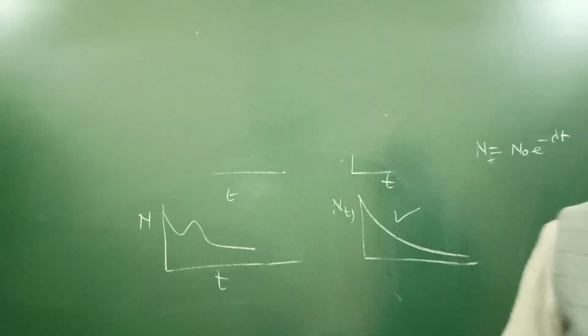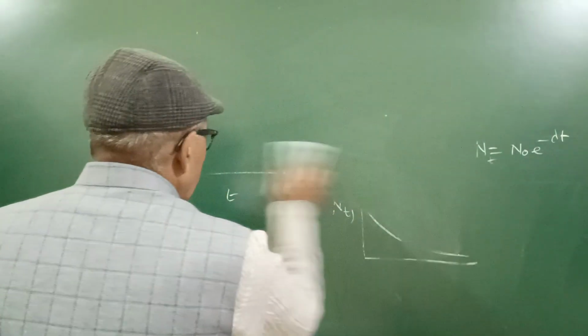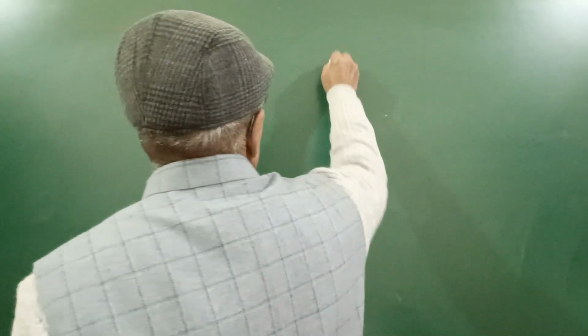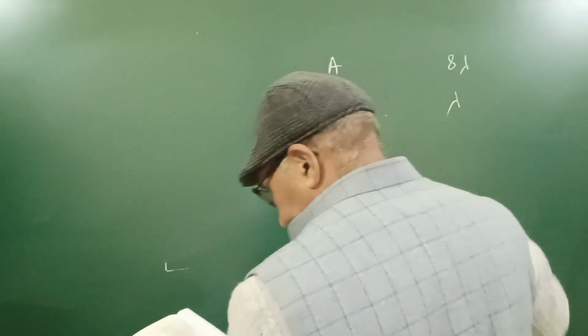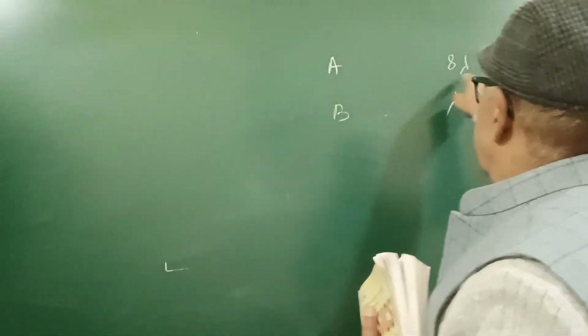Now the next question is from NEET 2017. What is the question? There are two radioactive elements A and B. Decay constant of A is 8 lambda, that of B is lambda.